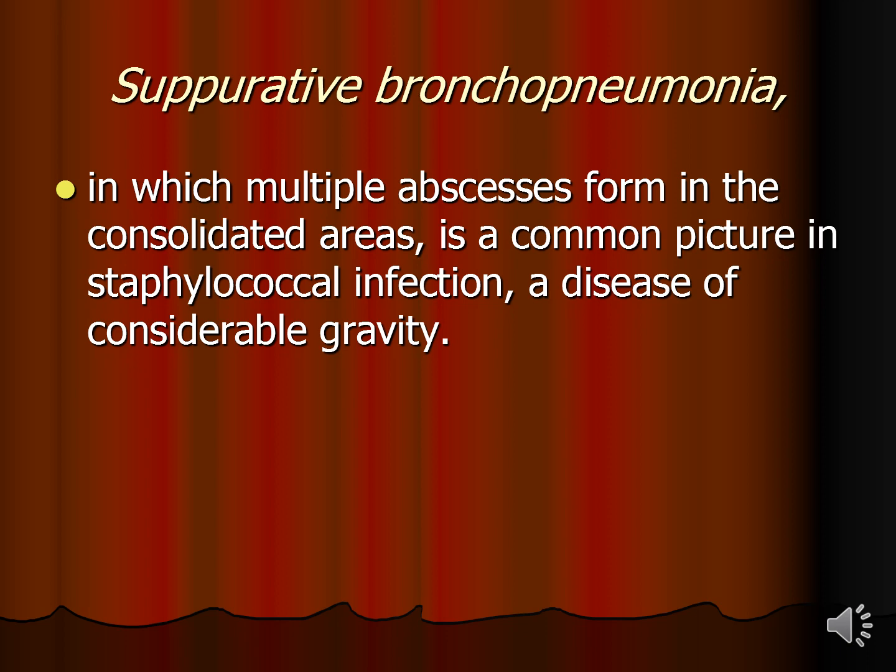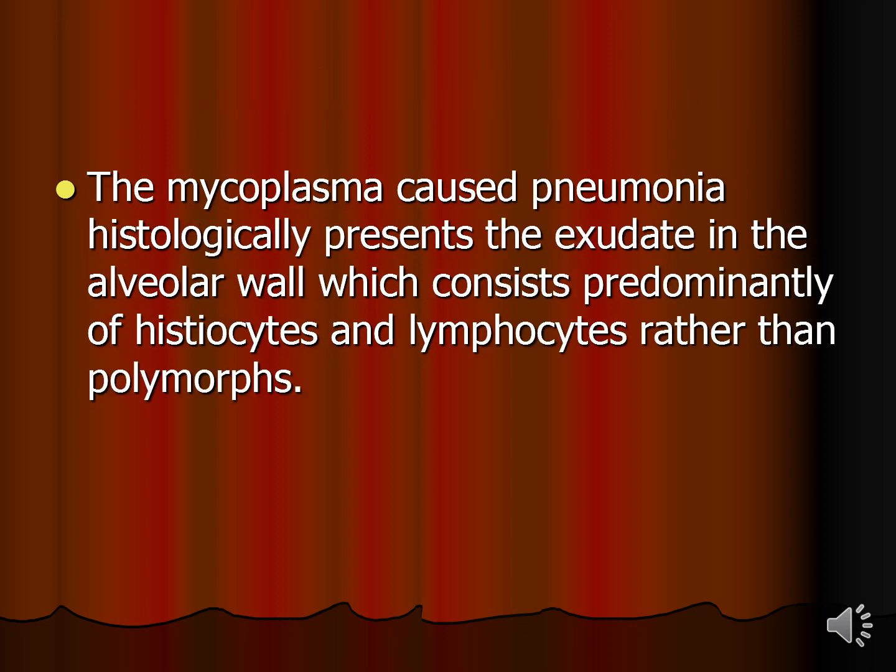This is a disease of considerable gravity for the patient. Mycoplasma causes pneumonia, histologically presented with exudate in the alveolar wall, which consists predominantly of histiocytes and lymphocytes rather than polymorphs.